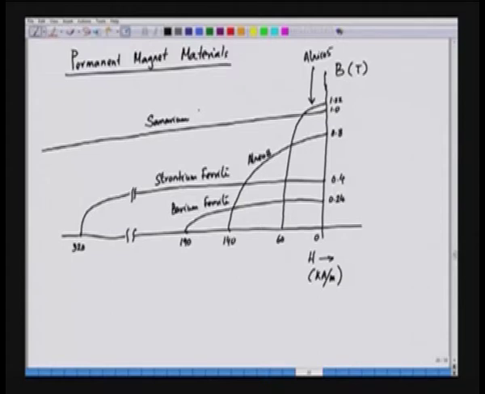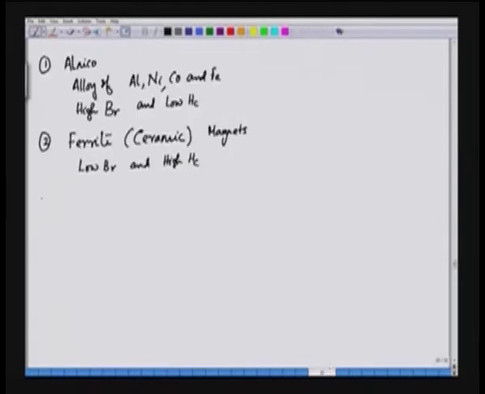Samarium is a rare earth material, and the alloy of samarium, cobalt and iron is called samarium cobalt permanent magnet material. Samarium cobalt is also called rare earth permanent magnet.